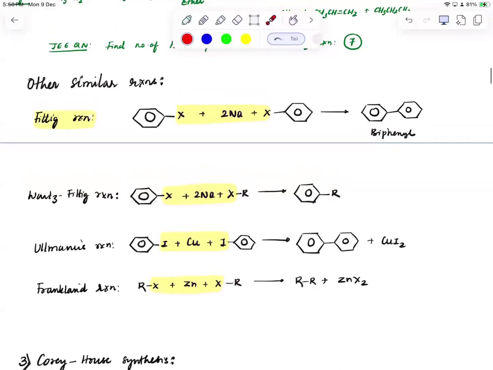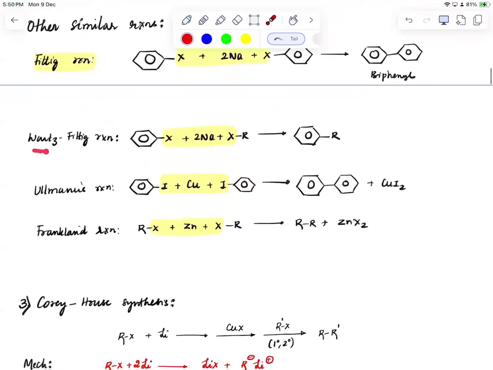A similar reaction to Wurtz is the Wurtz-Fittig reaction, where you have an aryl benzene reacting with an aryl benzene in the presence of sodium and it converts into biphenyl. So you can imagine a dot here and terminating those two. Got it? Wurtz-Fittig means one part is alkyl, the other part is aryl.